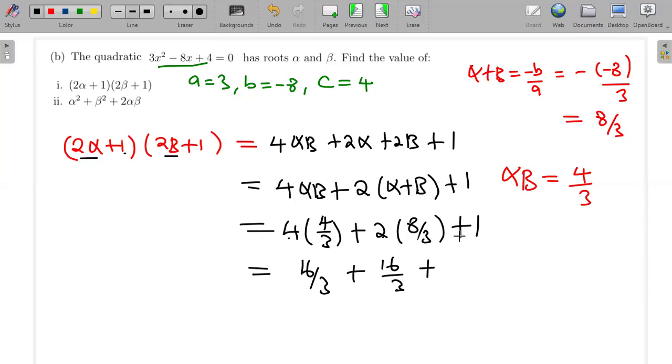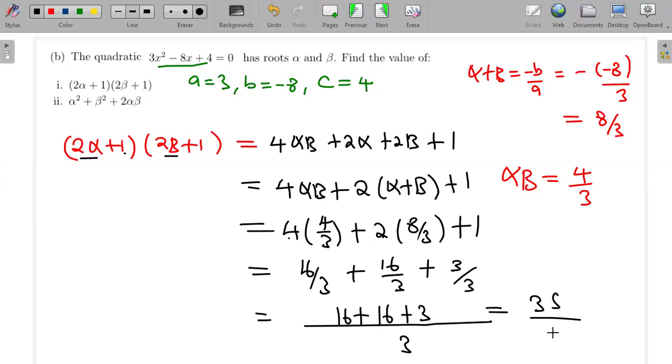To make the addition of the fractions easily, I'm going to write it as 3 over 3. It's the same. So we see that the common denominator there is just 3. And then I can just add whatever is on top. So that is 16 plus 16 plus 3. So that is going to give me a 35 divided by 3. Okay, so that is the value of the first guy there. It's just 35 over 3.